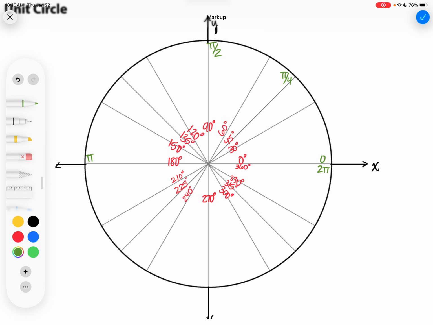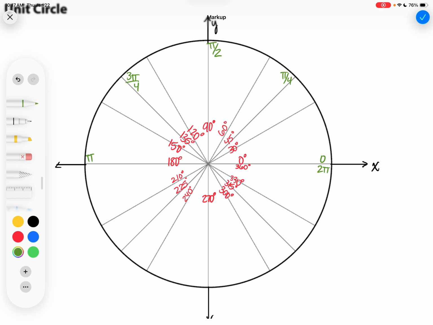All right, so this is 1 pi over 4. This is 2 pi over 4, which reduces to pi over 2. Then this is 3 pi over 4. And then this is 4 pi over 4, which reduces to pi. And I'm going to continue going on down and around. So now, after that, I keep doing it as pi over 4.